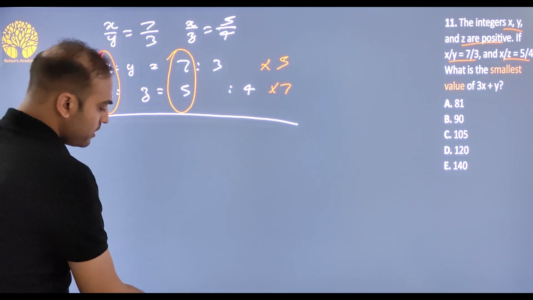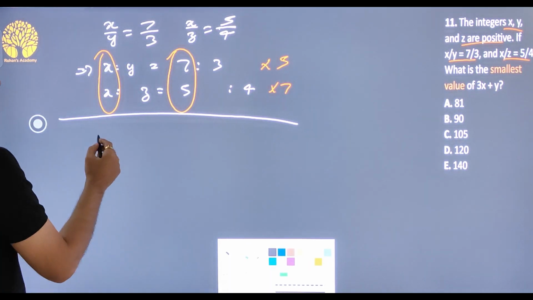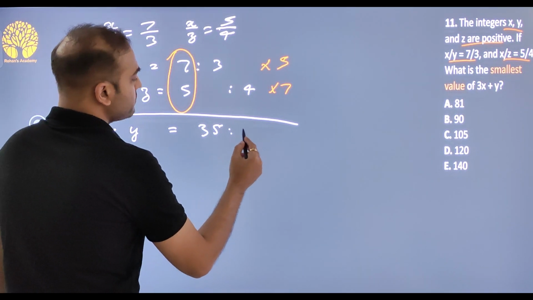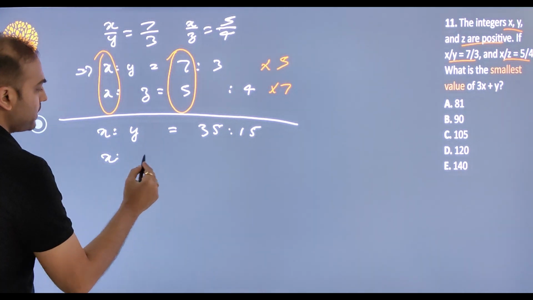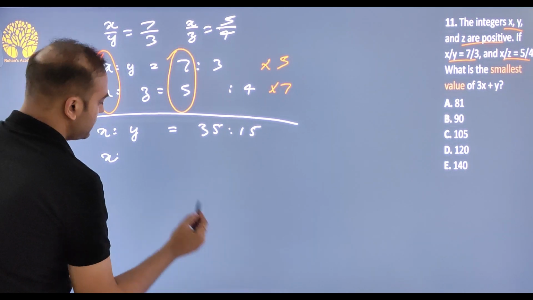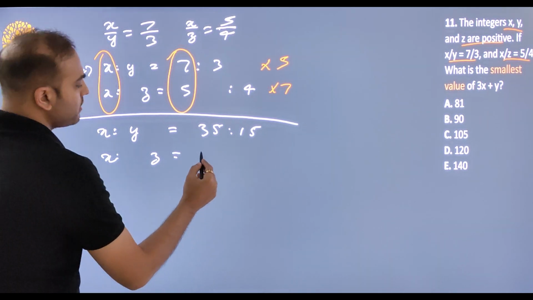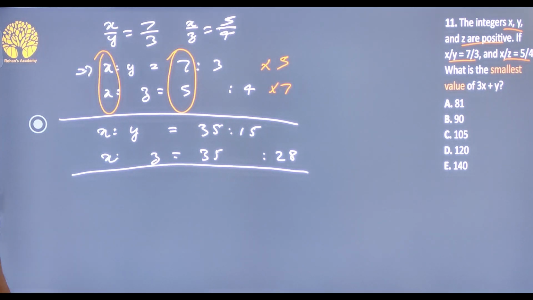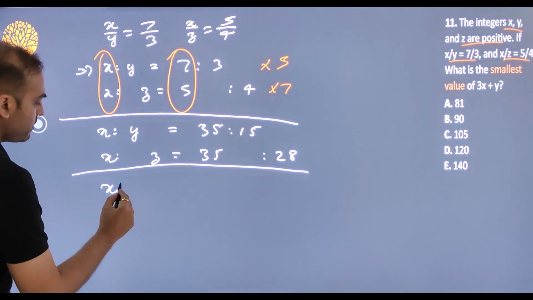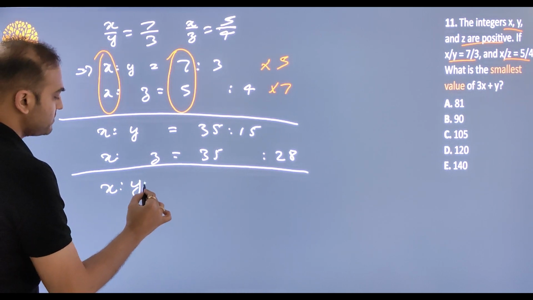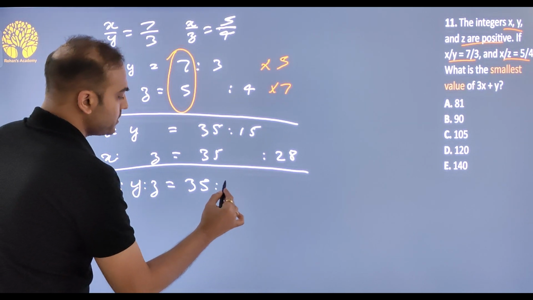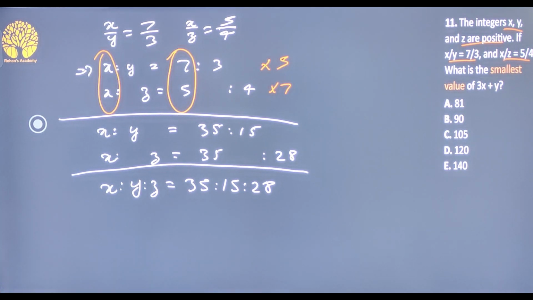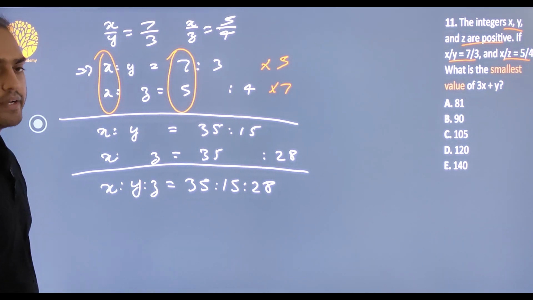LCM, right? So if I multiply the first ratio by 5, I get x is to y as 35 is to 15. Multiply the second ratio by 7, I get x is to z as 35 is to 28. Now when I combine, because the value of x is same, x is to y is to z is 35 is to 15 is to 28.